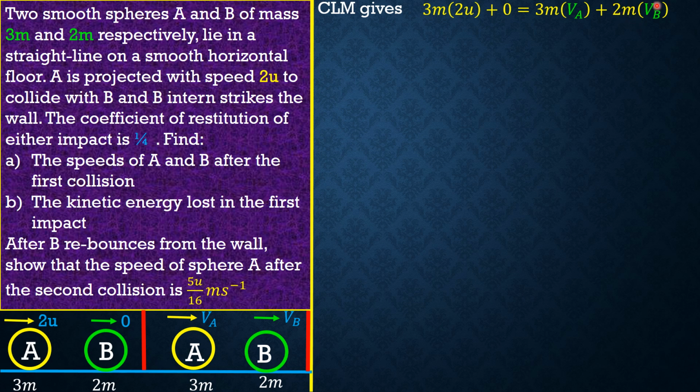If we cancel all the m's on both sides and simplify, we have 3VA plus 2VB equal to 6u. We can call this our equation 1.